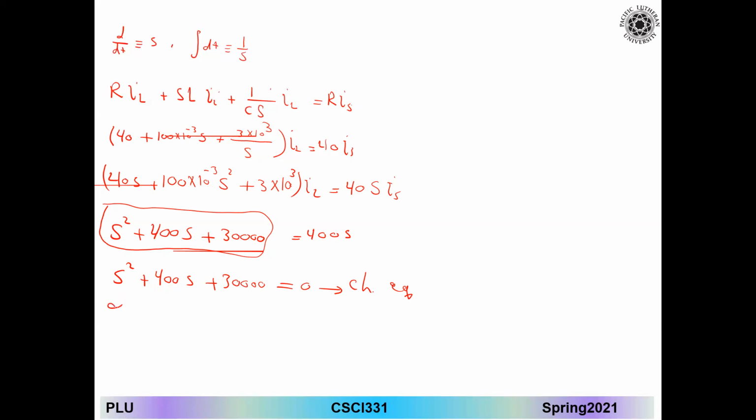Here the alpha will be 200, because this one is 2 alpha, which is 400 divided by 2. So it should be 200. And omega 0 squared will be 30,000.